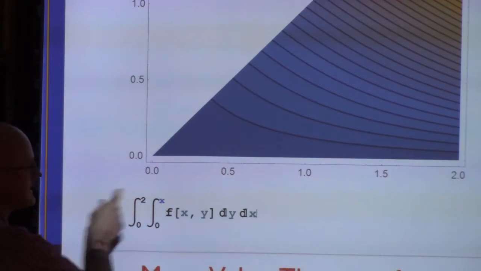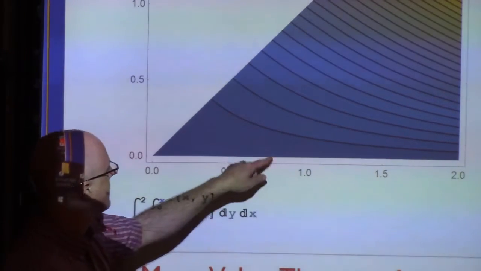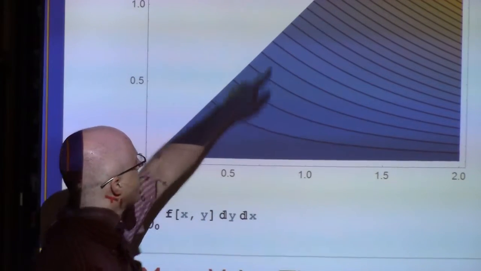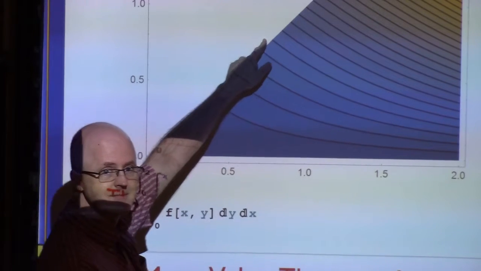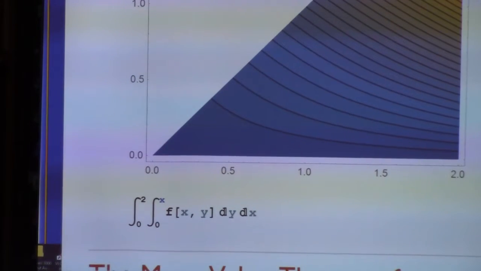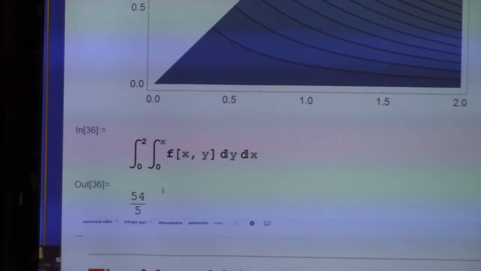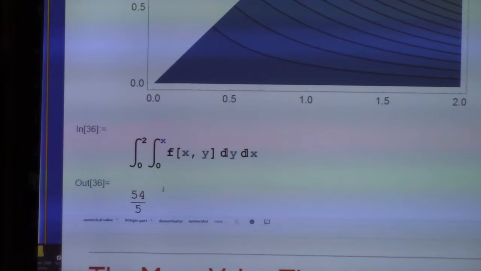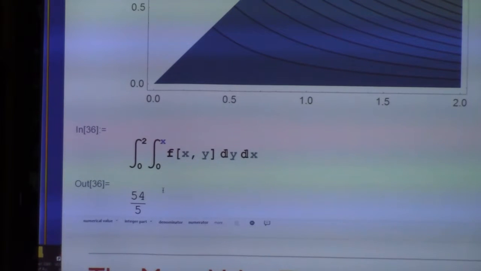For any x between 0 and 2, y goes between 0 and x. That's how to integrate over that triangle. I'm guessing this is going to be somewhere in the neighborhood of 12 or 13. A little less, that would be 10.8. So the average value is a bit lower over the triangle than it was over the whole square.